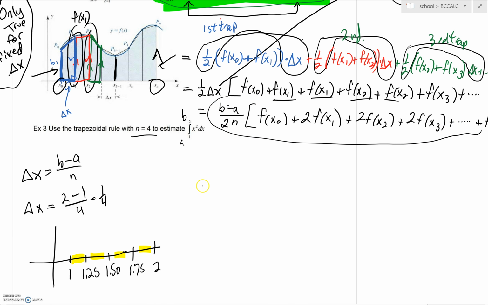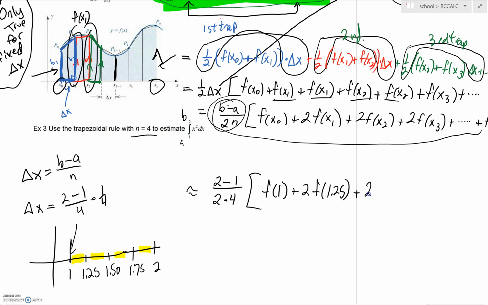Well, tell you what, we're just going to follow this basic guideline right here. What's this integral approximately equal to? We'll follow the b minus a. We'll go 2 minus 1 all over a 2 times 4. And then we'll say, well, f of 1, that's my first trapezoid. It's the base that won't show up twice. Then we'll have 2 times f of 1.25.